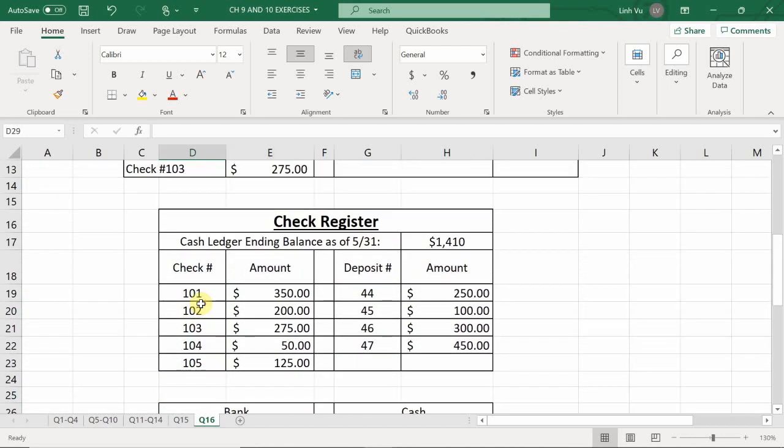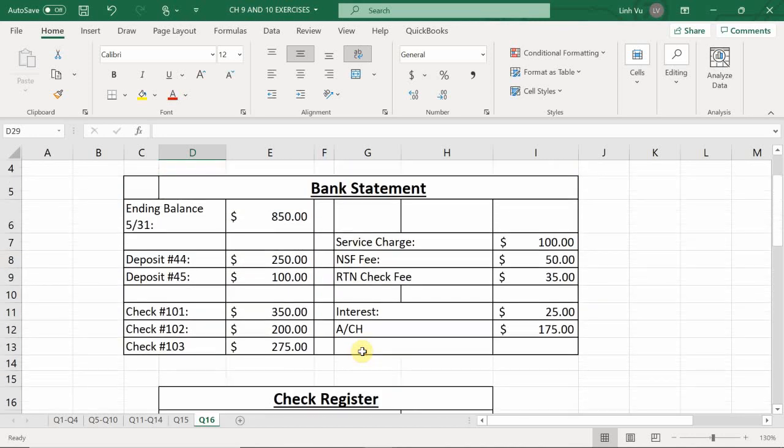So let's take a look at our checking account, and then we'll compare it to our bank account. So in the checking account, our deposits are 44, 45, 46, and 47. Let's see what the bank says. The bank says it recognized that the deposits that went through were deposit number 44 and 45.